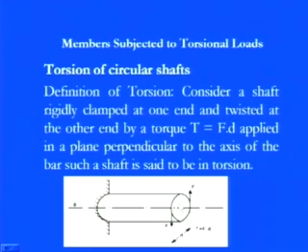One end is opposing and one end is in action, and then we have a torque which is F times D, where D is the diameter of this particular shaft. So the rotation or twisting will come into the shaft, and the twisting will be along this direction on the slide.